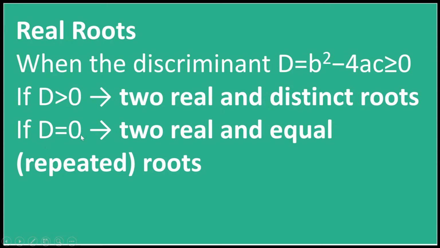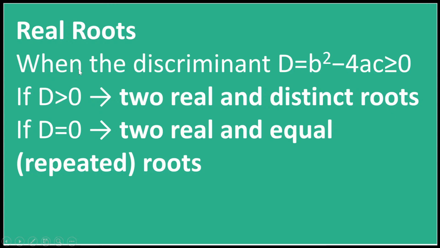And if D equal to 0, it gives two real, equal, but repeated roots. Repeated roots means the values will be the same, for example 1, 1 or 2, 2 or 3, 3. Therefore, if the discriminant is equal to 0, we obtain repeated roots.